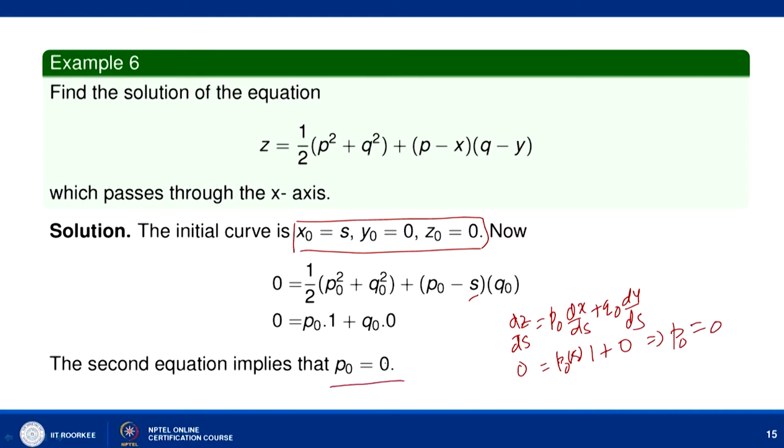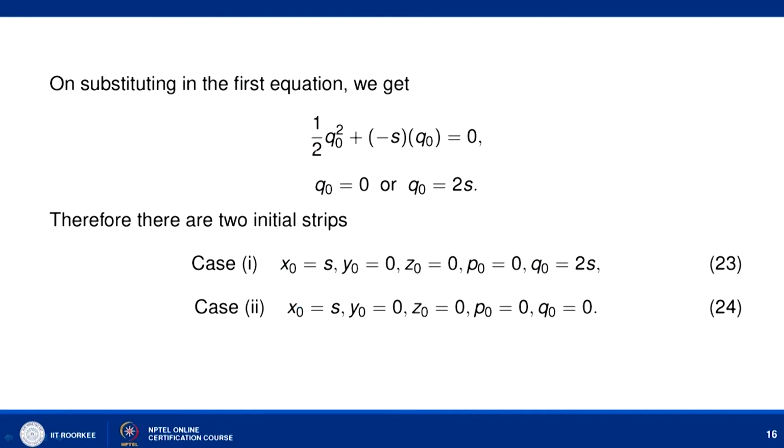Now using p naught equal to 0, you can find q naught from this equation: 1 by 2 q naught square minus s into q naught equal to 0. If you solve this, you get two values of q naught, that is q naught equal to 0 and q naught equal to 2s. We will consider these as two different cases, case 1 and case 2.